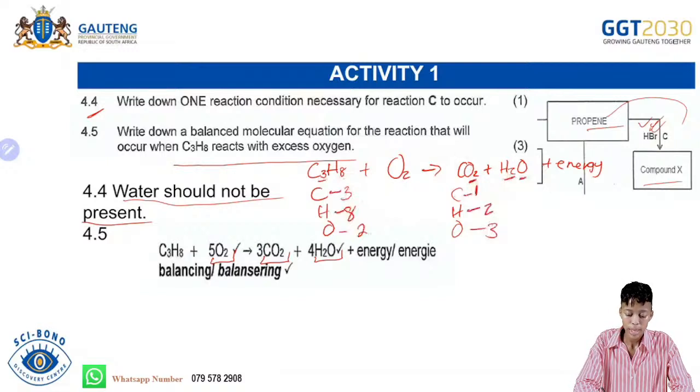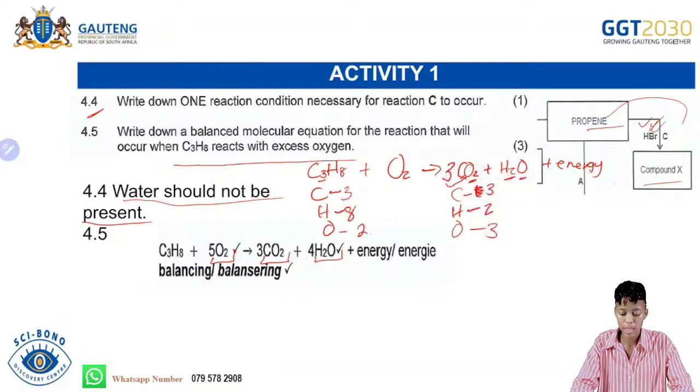So we can put a big 3 on the CO2. When we do that, we now have 3 multiplied by 1, a total of 3 carbons. Then the carbons are now balanced. Next you can balance your hydrogen.